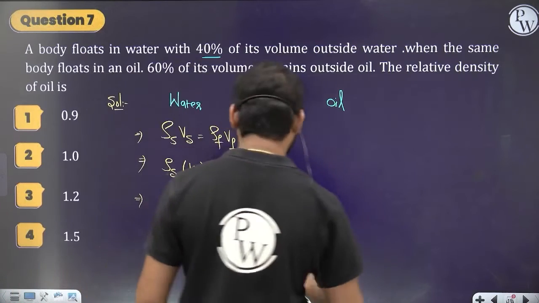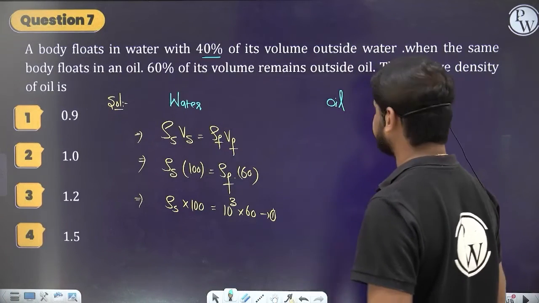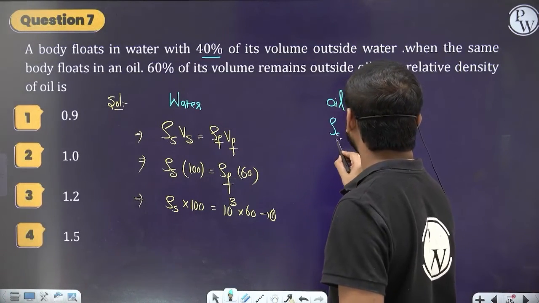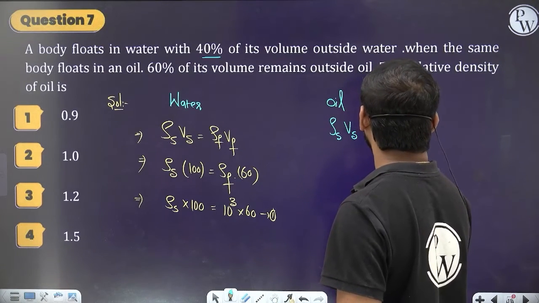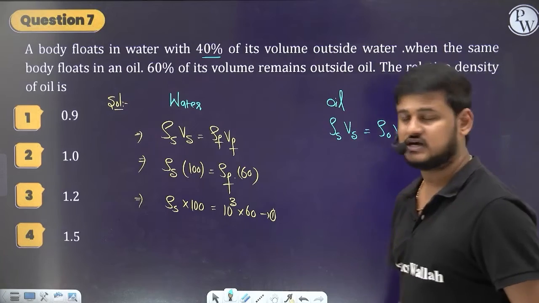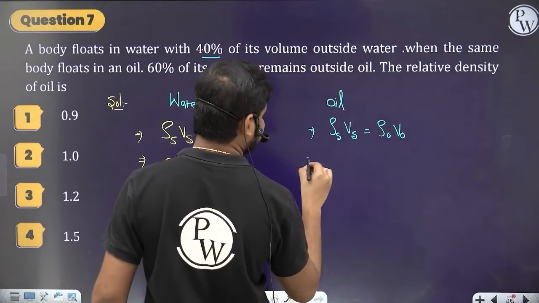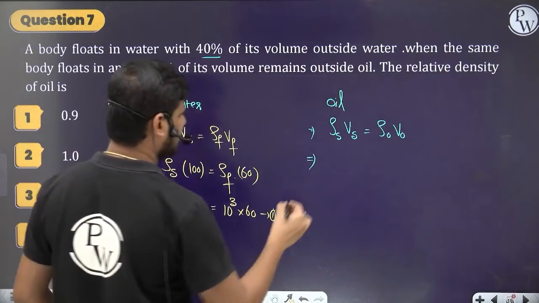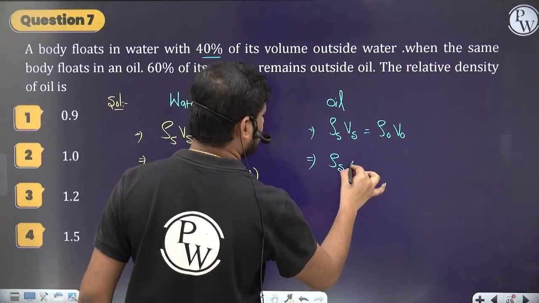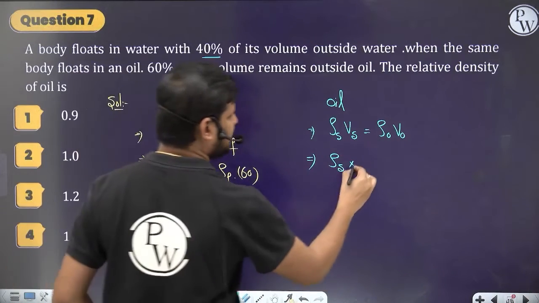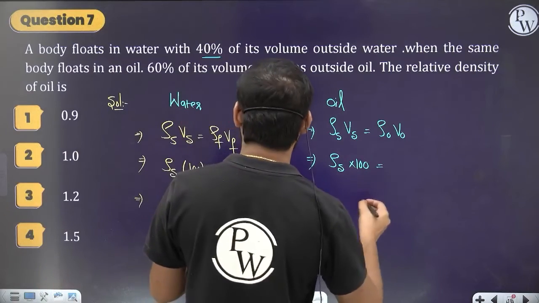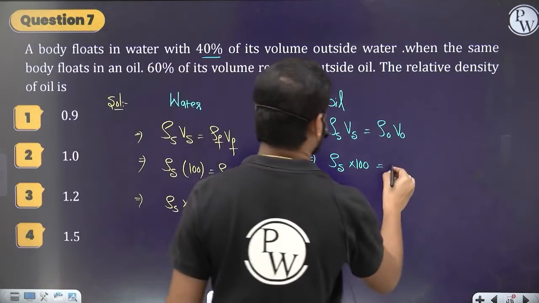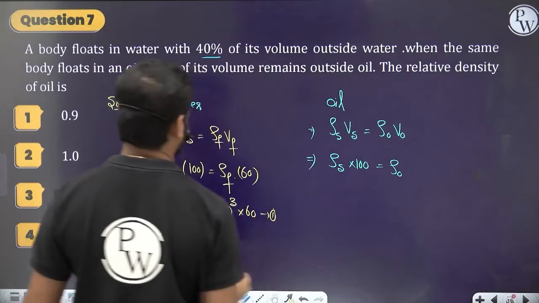So let's write for oil also. So rho s Vs is equal to rho o Vo. Okay, so then what is the density of the solid? Let it be rho s into the volume of the solid that we considered, 100. So here the density of the oil, let it be rho o.